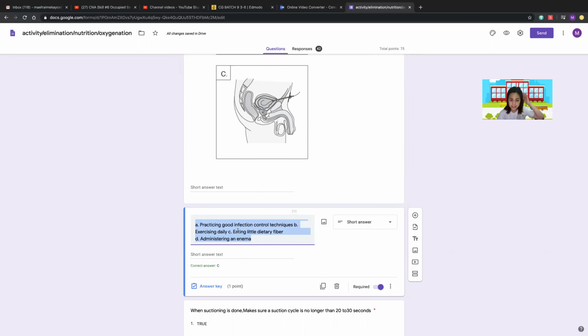B, exercising daily, will not be a risk factor, but will prevent constipation. C, eating little dietary fibers, maybe this is one answer. D, administering an enema. An enema is instilling fluid to make your patient pass motion. So the risk factor for constipation is letter C.